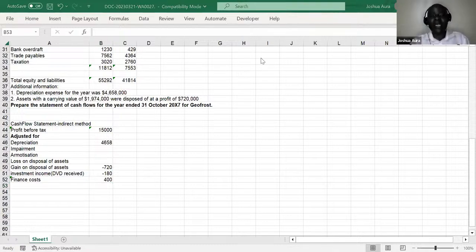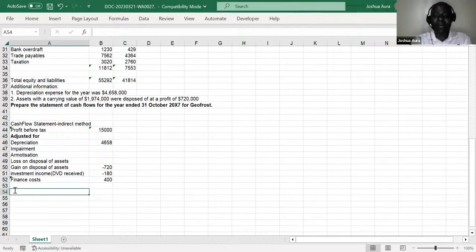Now, ladies and gentlemen, from there, you must leave some space. Although for Excel, you don't even have to leave space. You can insert rows or columns later on. But just for purposes of showing that it's a different thing, I can mention here, working capital changes.